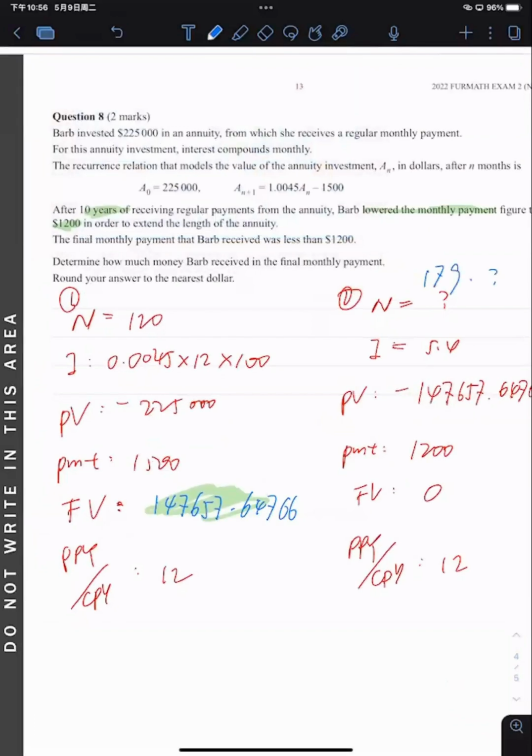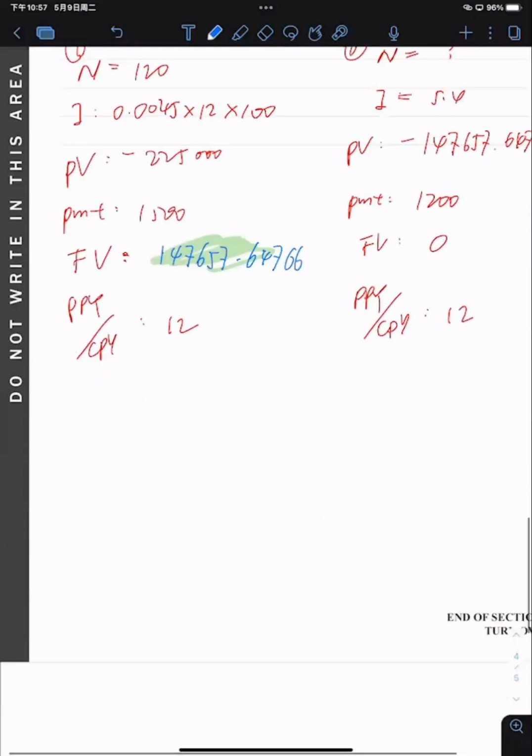But you know that the annuity would be cleared at the 180th payment and the final payment is not enough. So now you should change and make your N equal to 180.